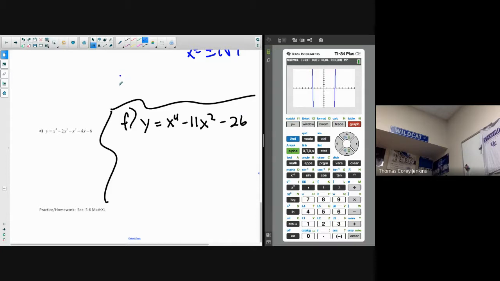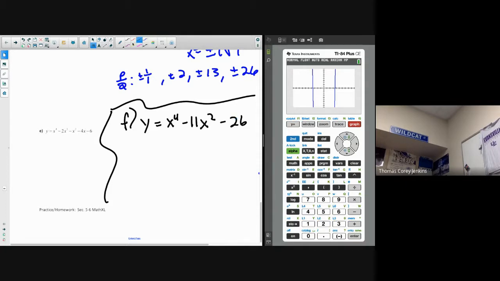When we did P over Q, it would be plus or minus 1, plus or minus 2, plus or minus 13, and plus or minus 26, right? And again, those definitely aren't any of those, okay? So at this point, you would be left with just factoring, okay? That would be your best bet.